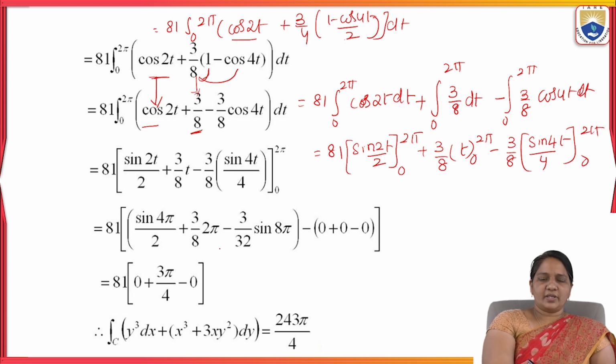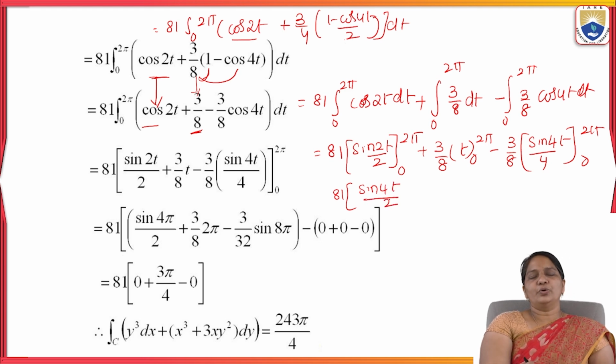Now we are simplifying here, 81 into sin. They are replacing the limits now. In place of t, we are replacing 2 pi. So this is sin 4t divided by 2, and sin 0. In place of t, we are replacing 0, so sin 0 is 0.